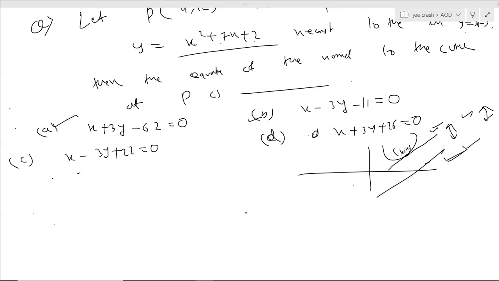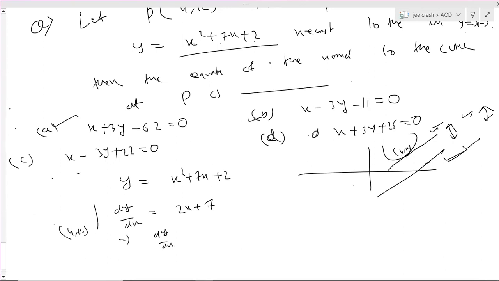All right, let's see. Equation is y equals to x squared plus 7x plus 2. So slope will be dy by dx equals to 2x plus 7. We are finding this at h comma k. So dy by dx at h comma k will be 2h plus 7. And this will be equal to the slope of this line. Slope of this line is 3. So you can say h is equal to minus 2.